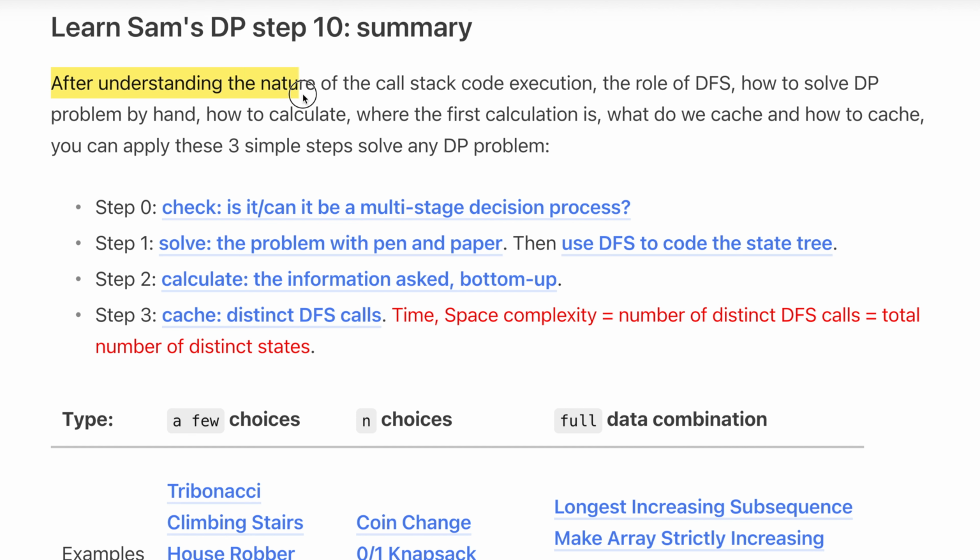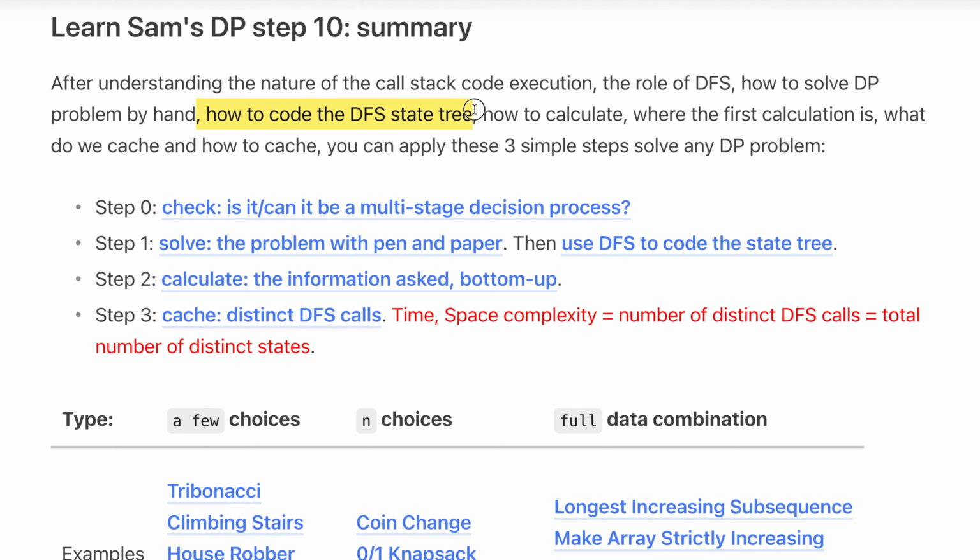This requires understanding the nature of the code stack execution, the role of depth search, which we have learned from step 1 to step 4, how to solve a DP problem by hand, which we have learned in step 5, how to code the depth search state tree, which we have learned in step 6, how to calculate the information asked by the problem, which we have learned in step 7, and we also know what to cache and how to cache to improve the performance of the solution.